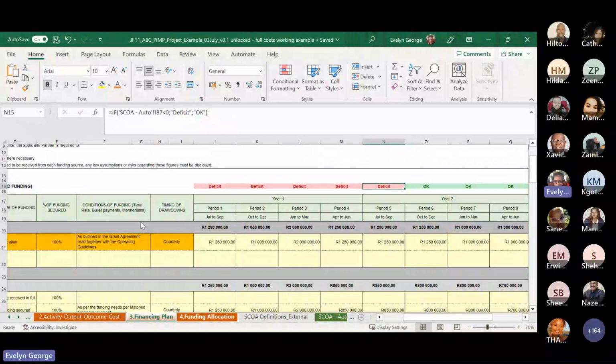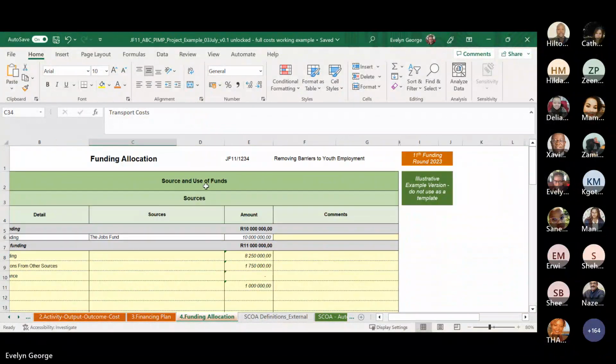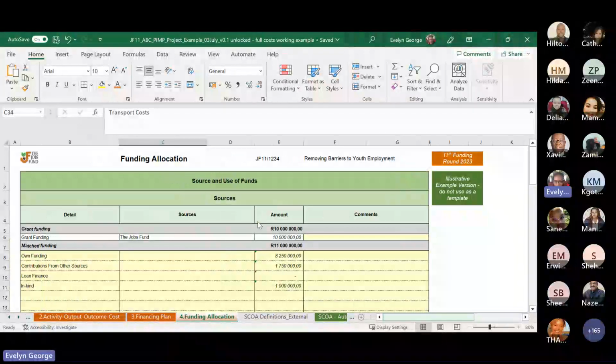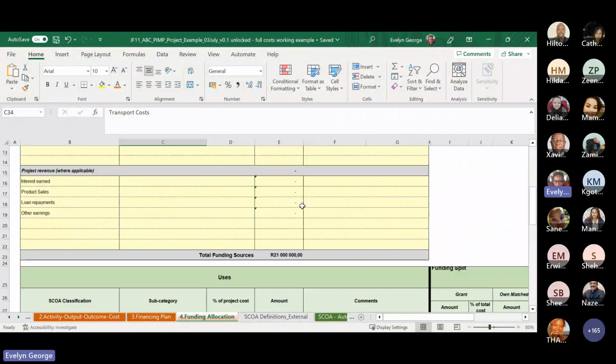Then I go to the funding allocation. This section, it's good for us to know how you have thought about who should carry what risk, who should cover what costs.